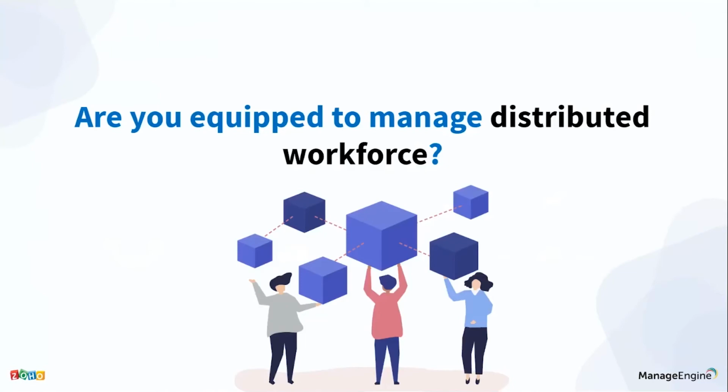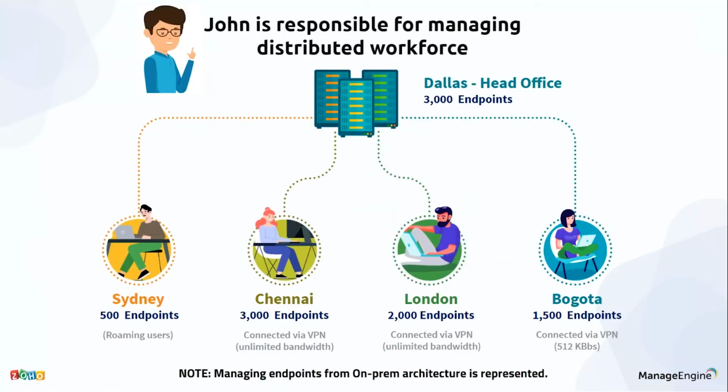So let us discuss whether we are equipped to manage the distributed workforce in the current scenario. Let's take a look at the on-premise architecture in which John, being a system IT administrator, is responsible for managing the distributed workforce, and the machines are distributed across Sydney, Chennai, London, and Pagoda.